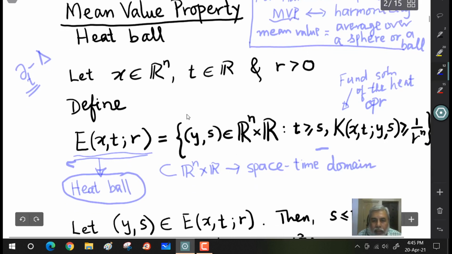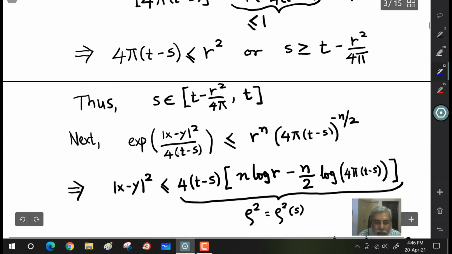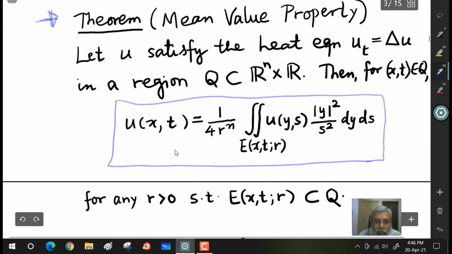In essence, this mean value property for the solution of the heat equation may not look as elegant as in the case of harmonic functions, and also this equivalence. For harmonic functions, we saw the mean value property is equivalent to harmonicity. That is also not clear in the present case, in the sense that suppose u satisfies this mean value property for all E(x,t,r) in Q, does this imply u_t equal to Laplacian u?